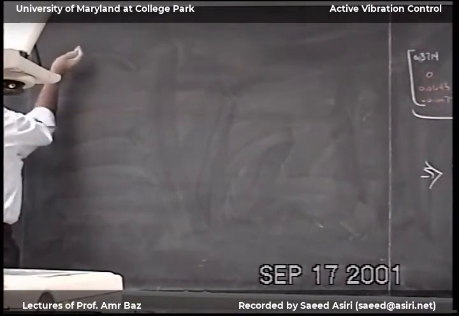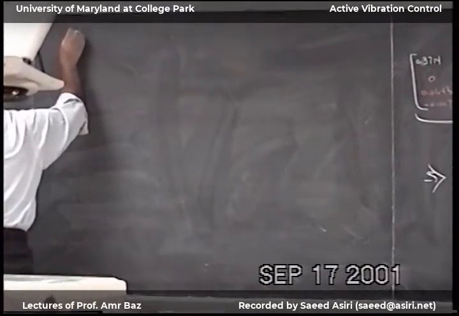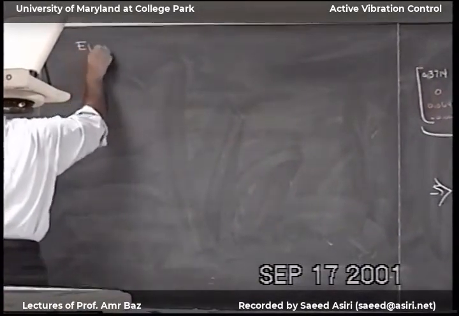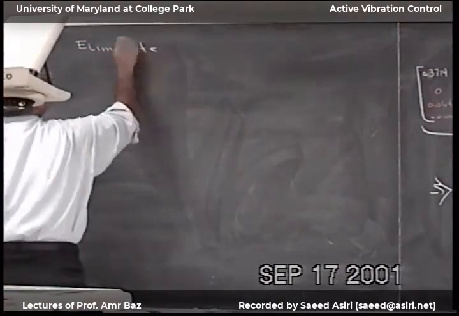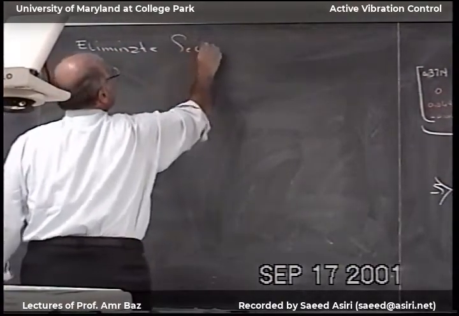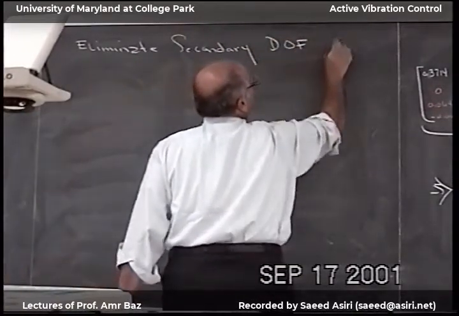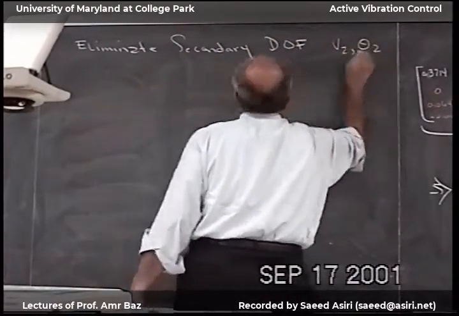Now we'll say here, eliminate the secondary degrees of freedom, V2 and theta 2.